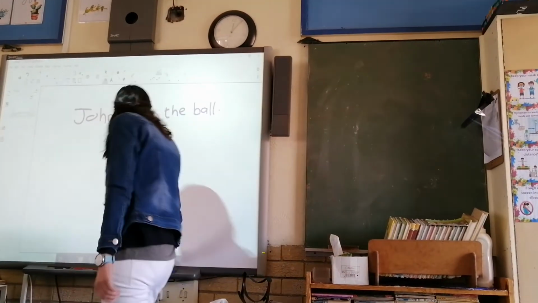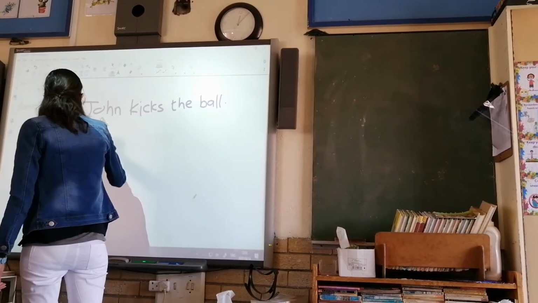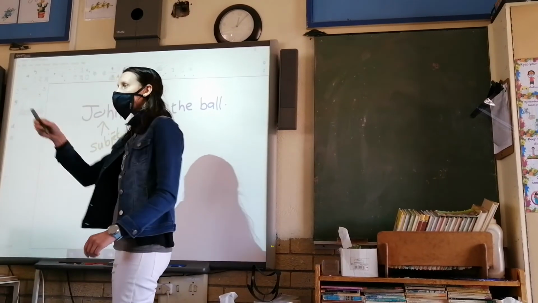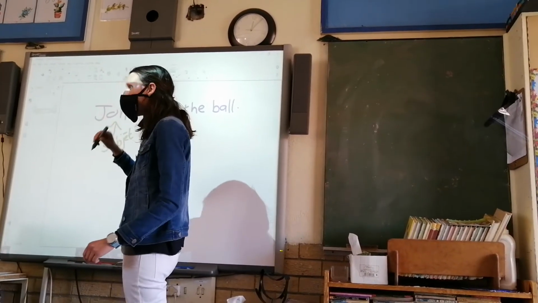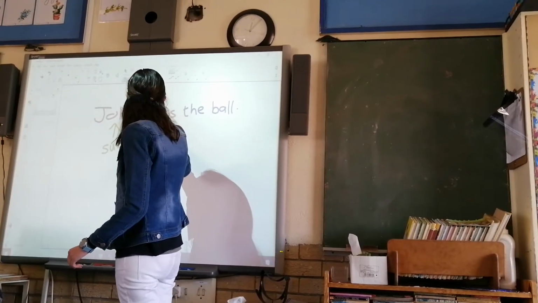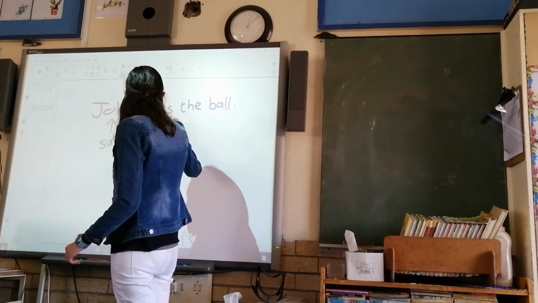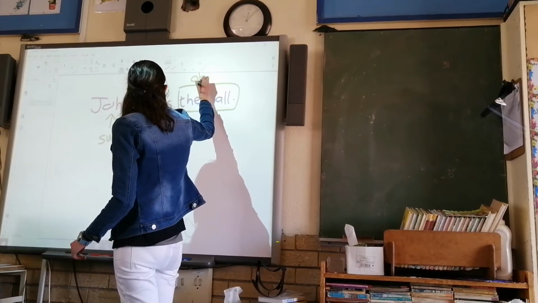John is indeed my subject. Who can then tell me what my verb is? Kicks, okay? So that is going to be your verb. Remember, your verb is your doing word. And then of course, the ball is our object.